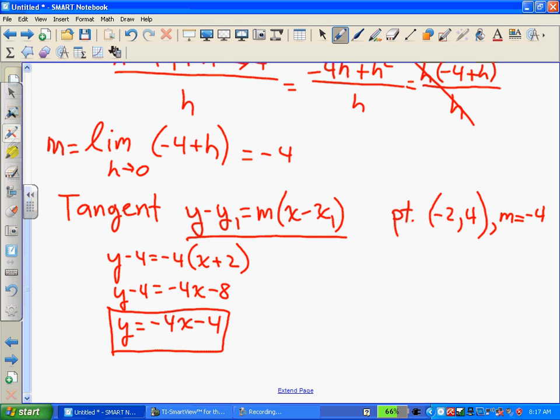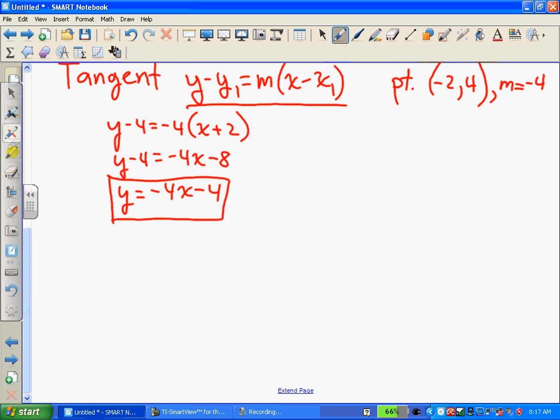Another thing we have to do is to find the normal. Well, the normal is just the line that's perpendicular to the tangent line. For perpendicular slopes, if my slope is -4, a slope that's perpendicular to that is the negative reciprocal, so the slope of the normal equals 1/4.